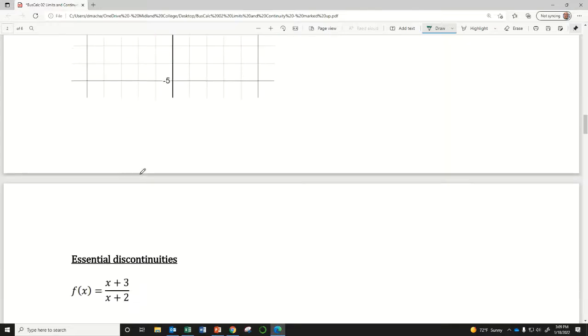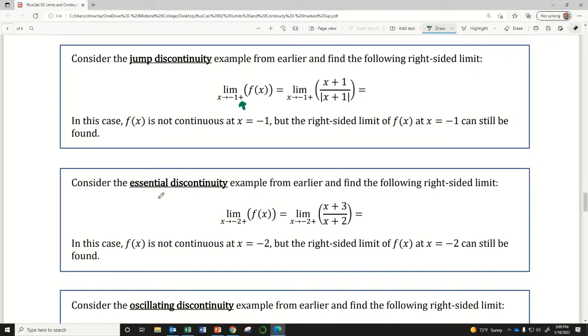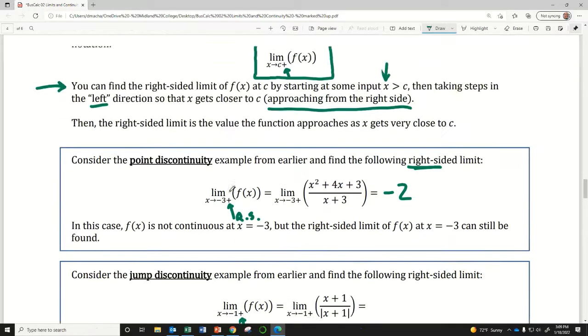Okay, move on to another example. If I want to consider the essential discontinuity example and find the limit as x approaches -2 from the right side, let's take a look at this one.